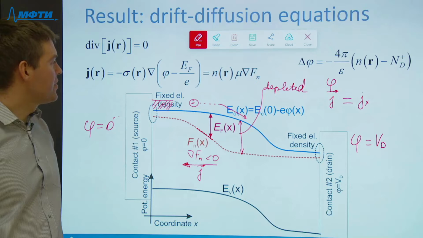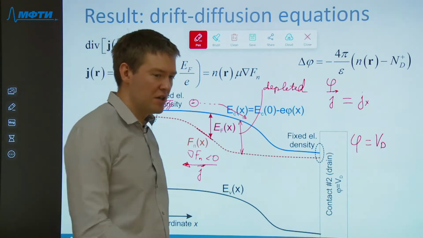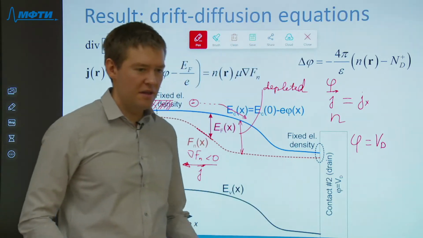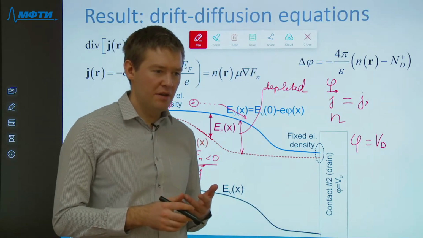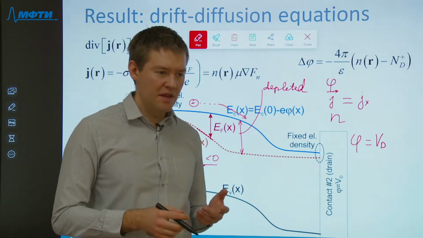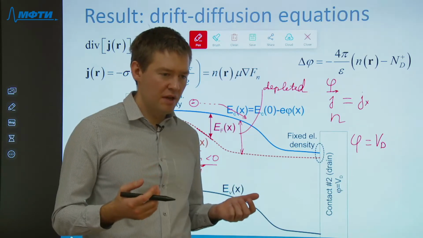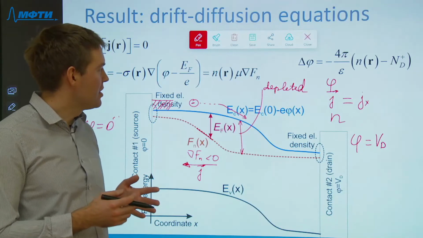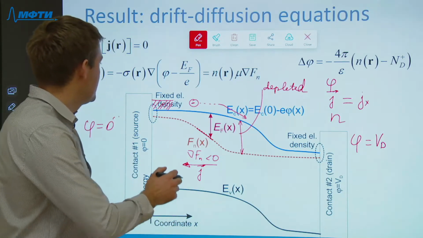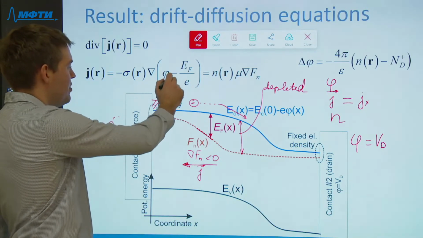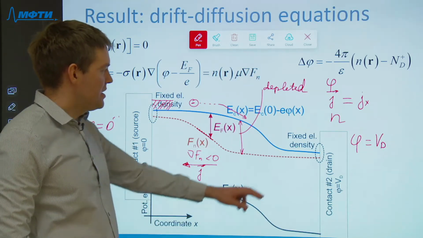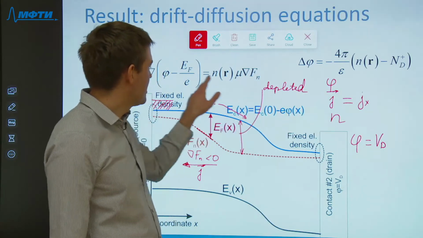And the third sought-for function is the carrier density. Because in the previous example with accumulation on the boundaries, we have seen that the charge can accumulate on non-uniformities of the sample. And actually, when we write the diffusive component of the current, we immediately take this carrier density under the gradient sign.